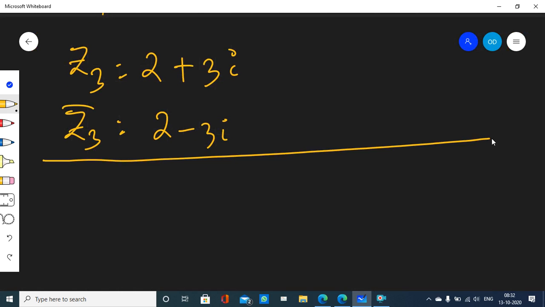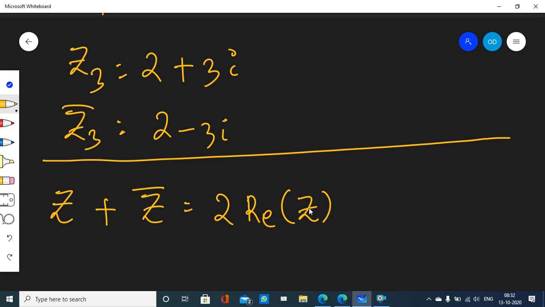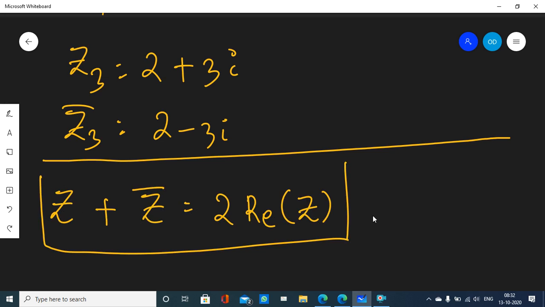And what else did we learn? That if you add a complex number z with its conjugate, you get twice the real part of the same complex number. It is very easy to visualize.